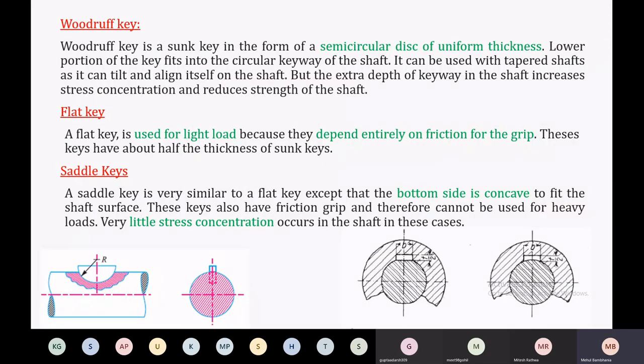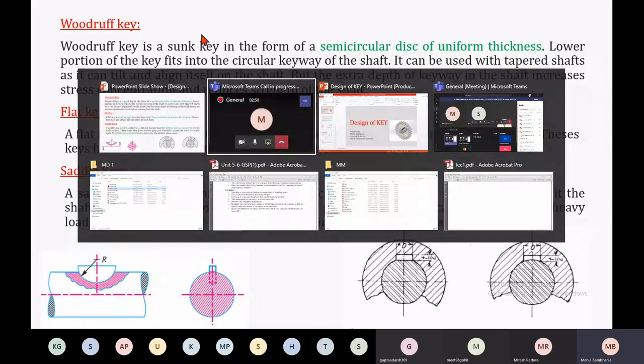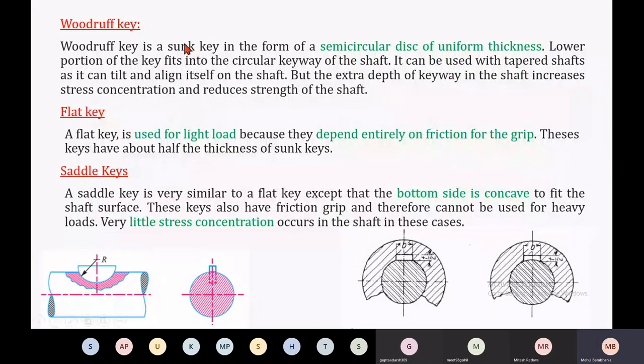After the feather key, the next one is referred to as a Woodruff key. This Woodruff key is also one kind of sunk key, but instead of a rectangular cross section, it has a semicircular shape, which is inserted in the keyway, and the keyway is also of semicircular shape. Generally it is used where the shaft has a larger tapered nature. See, suppose the shaft itself is tapered.